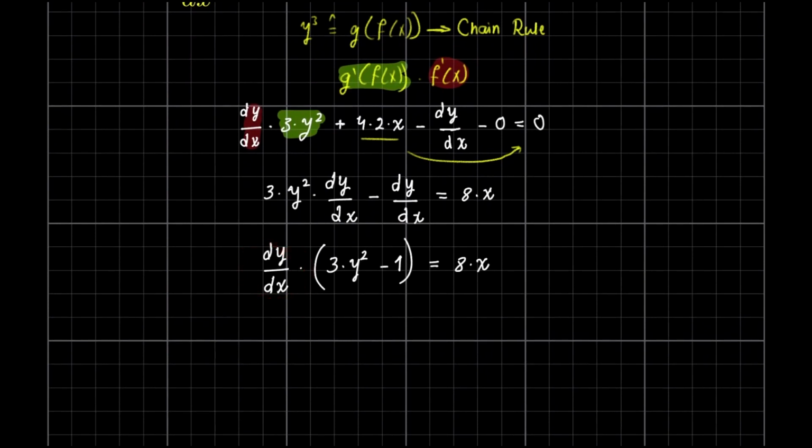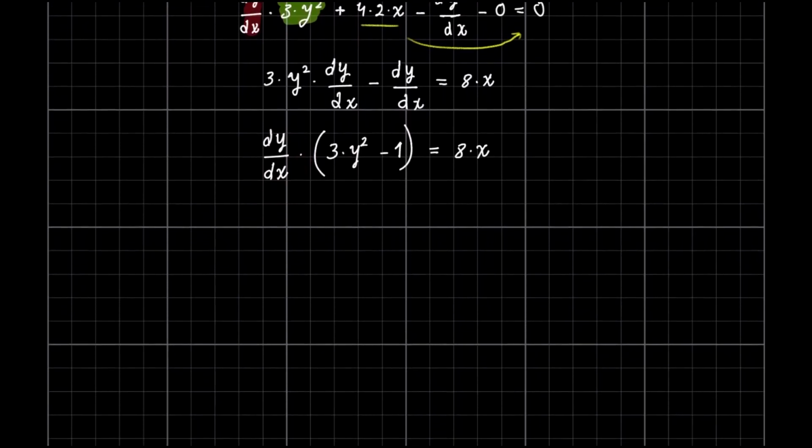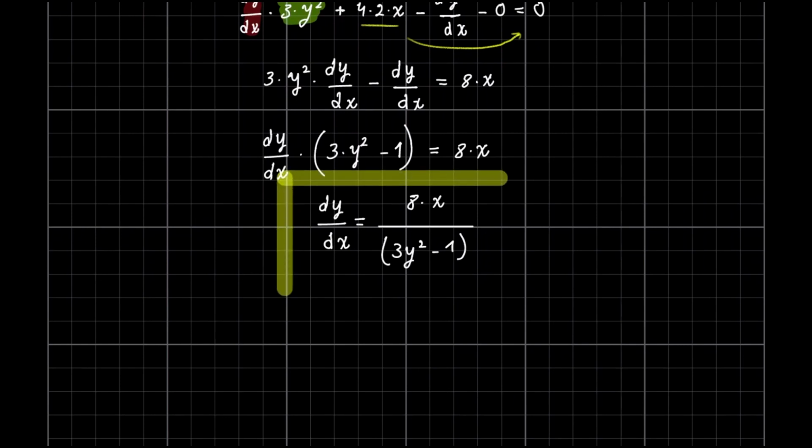And all I need to do to find that, or to have an expression that equates that in terms of an implicit function, is dy/dx is equal to 8 times x divided by this expression. So what I did is I divided both sides of this equation right here by 3y squared minus 1, and that is my final answer.